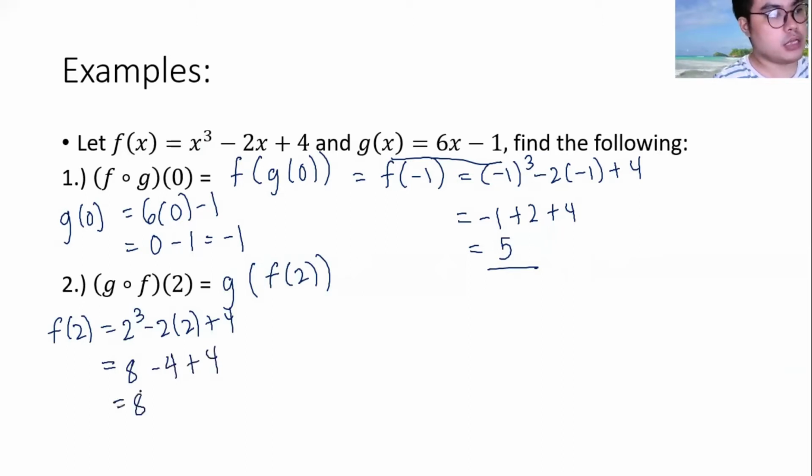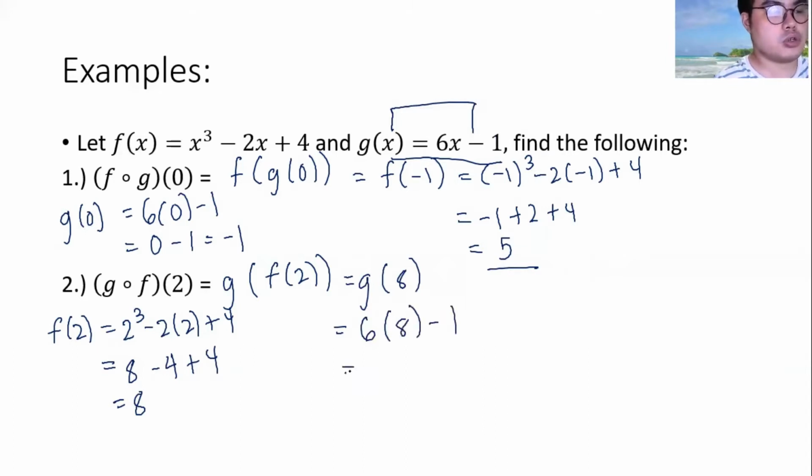So this will be 8. Okay, so your f of 2 is 8. Therefore, this will be translated into g of 8. So you're going to use this function since this is the g of x. What you are going to do is substitute x with 8. So 6 times 8 is 48. Minus 1, this will be 47. So this is the final answer.